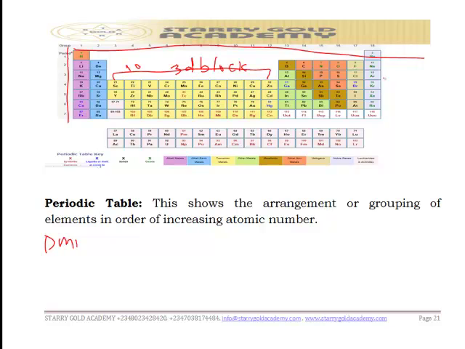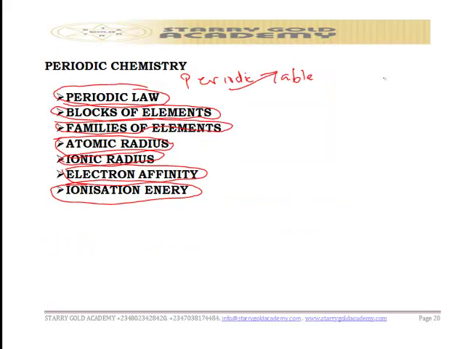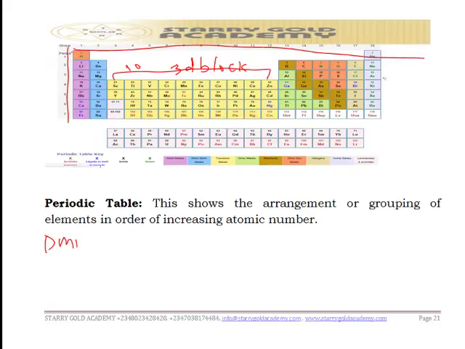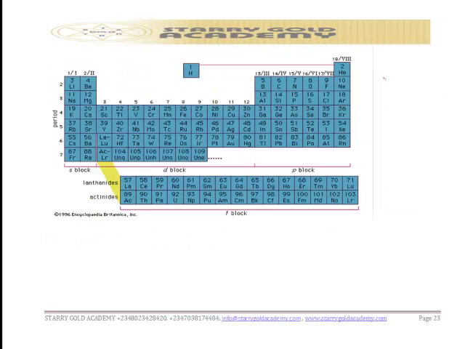I'm going to lay more emphasis on group and period. That will lead us to our second subject title, which is the block of elements. So let's go to the block of elements. I have another sketch of the periodic table there, which you're seeing. We have group 1 to group 18 also there.